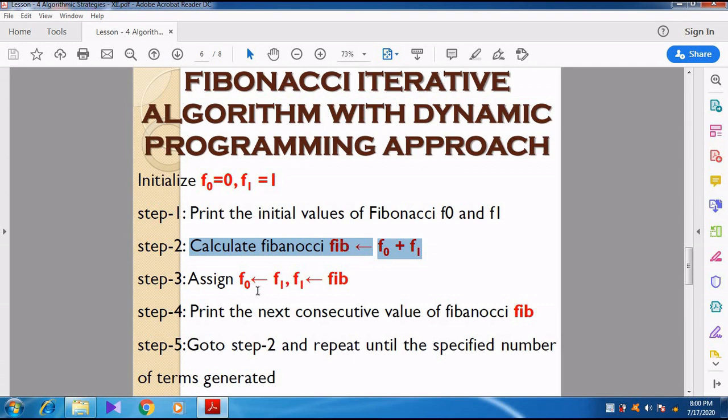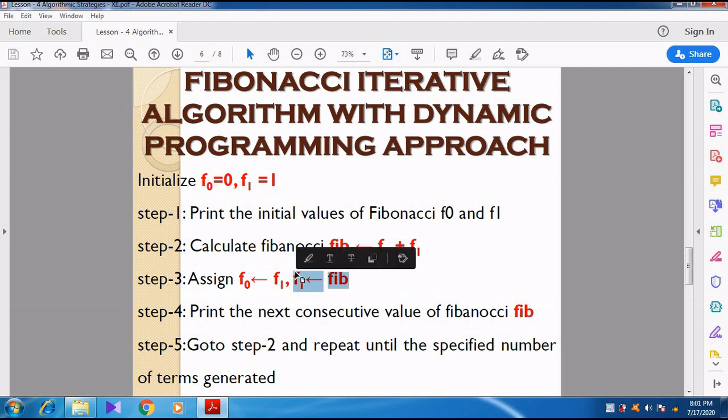Now they are changing the values. So here you see f of 1 is assigned to f of 0. What is stored in f of 1? 1. That is assigned to f of 0. Now the resultant value Fibonacci is assigned to f of 1.